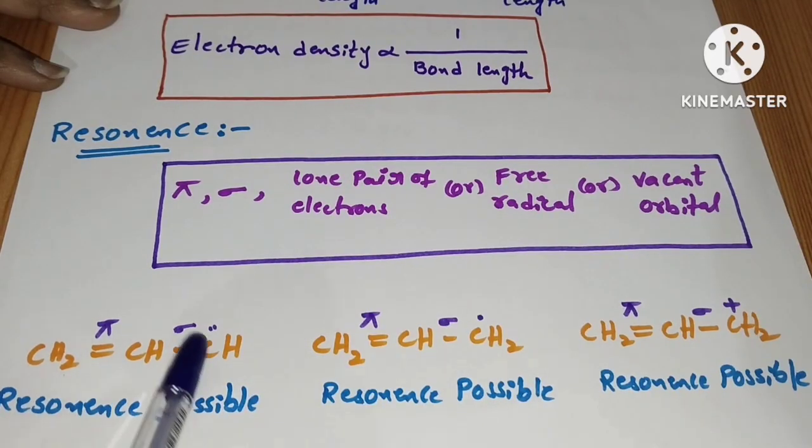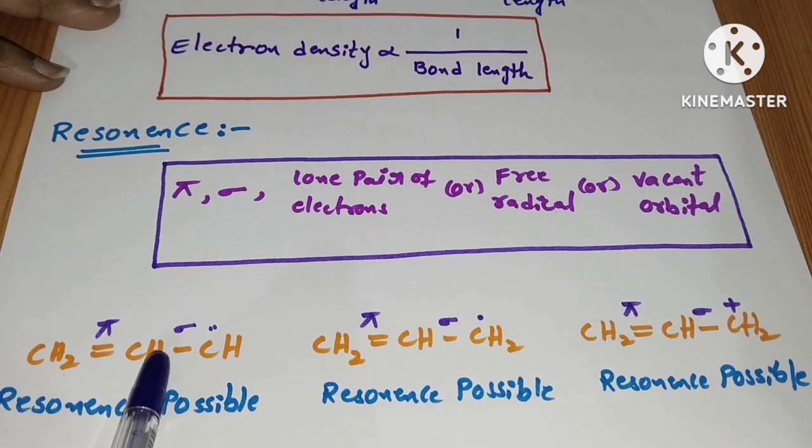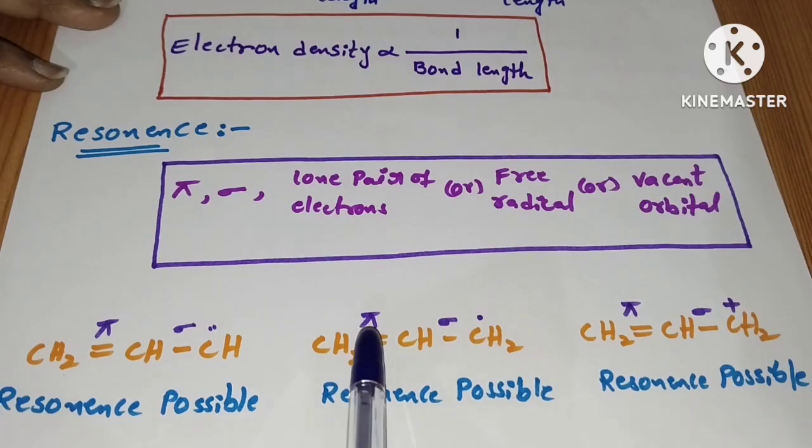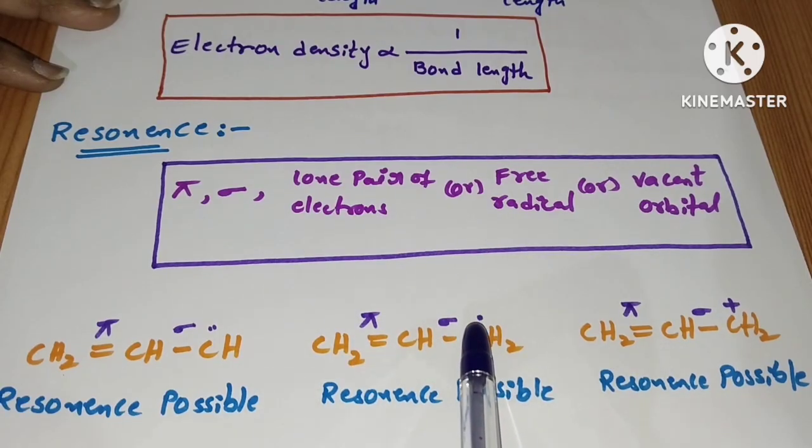Here in this compound, this double bond contains pi bond, this single bond contains sigma bond and there is a lone pair of electrons. So, resonance is possible in it. And in this compound, there is pi bond, sigma bond and free radical.